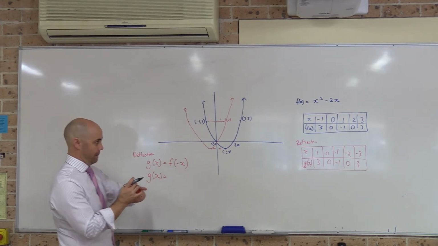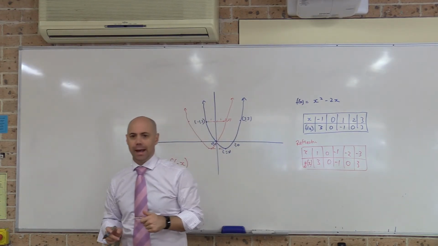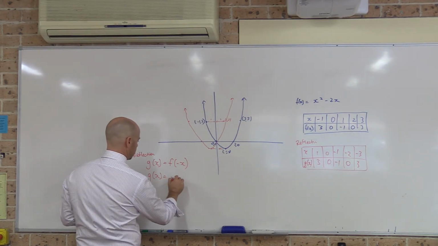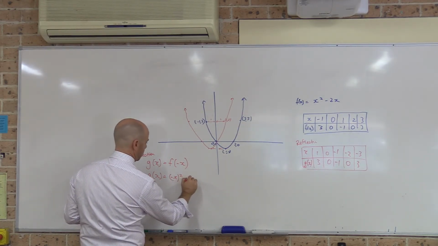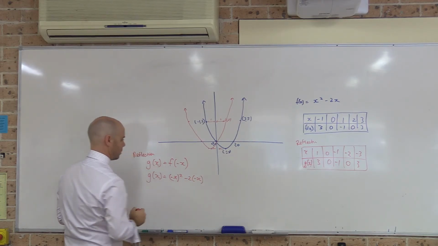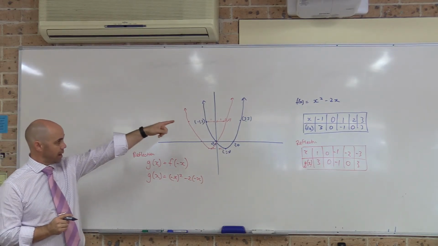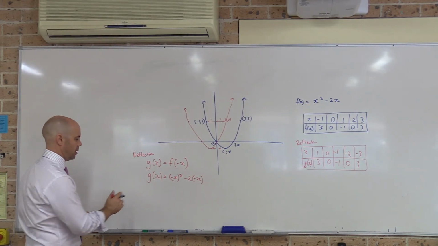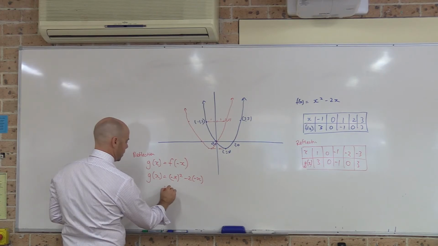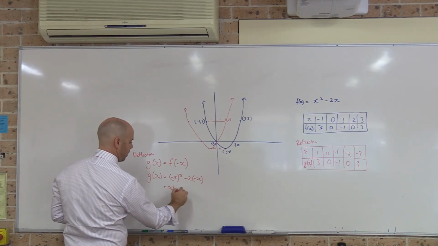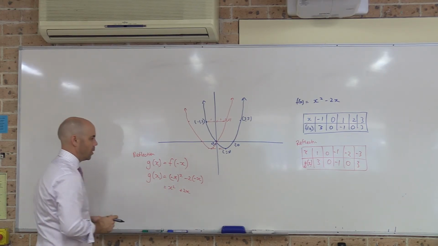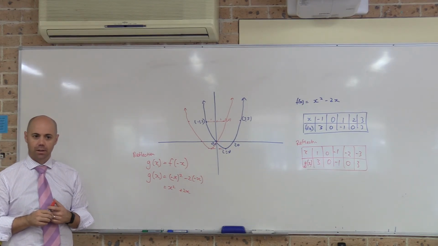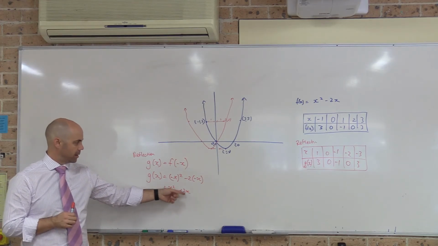It was x squared minus 2x. Let's put in a negative x into those. I've just taken the same function and put in a negative x where it was x. So what does that give me? x squared, and this becomes plus 2x. So that red function is x squared plus 2x.